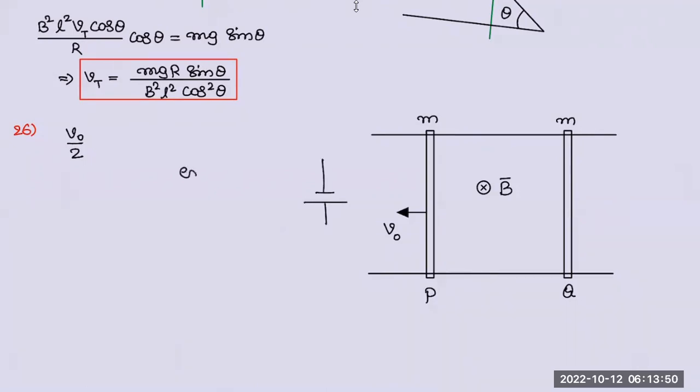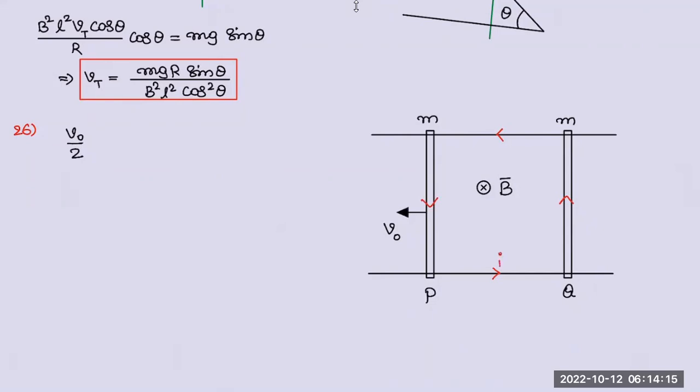For EMF, we have to use the right-hand rule; for force, the left-hand rule. Both we need to use here. So the current will be like this. Are you convinced with this part at least? Once you are convinced with this part, the remaining things we can deal with.